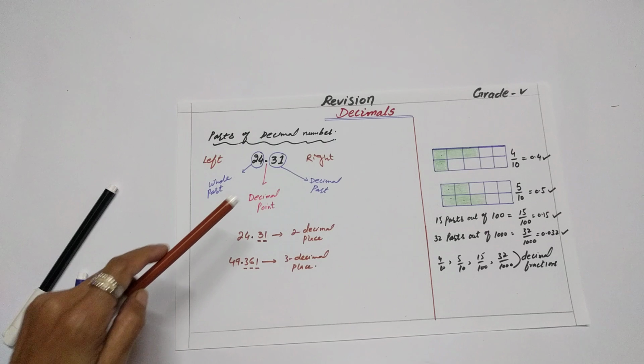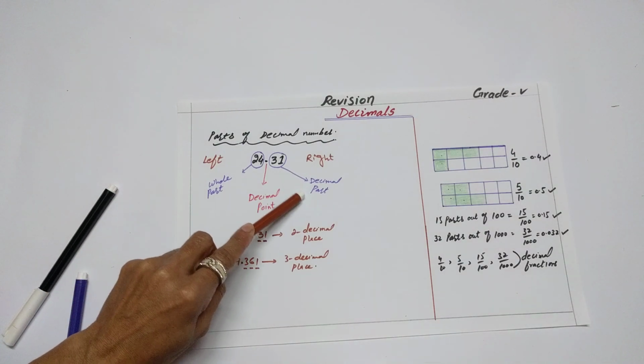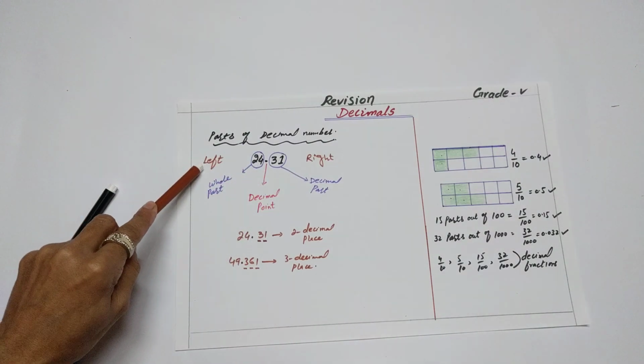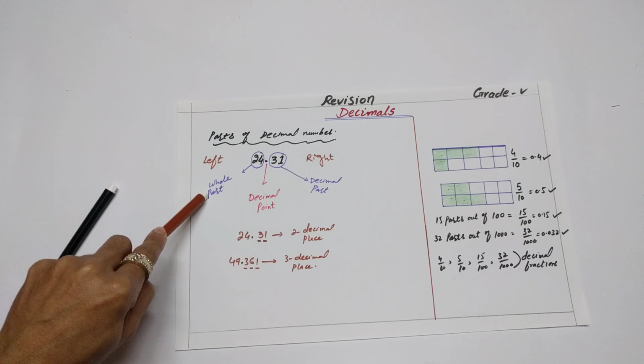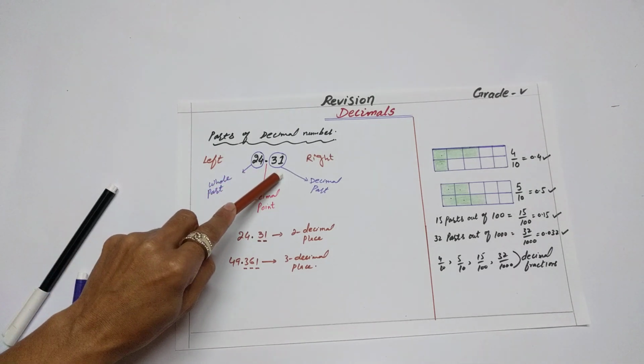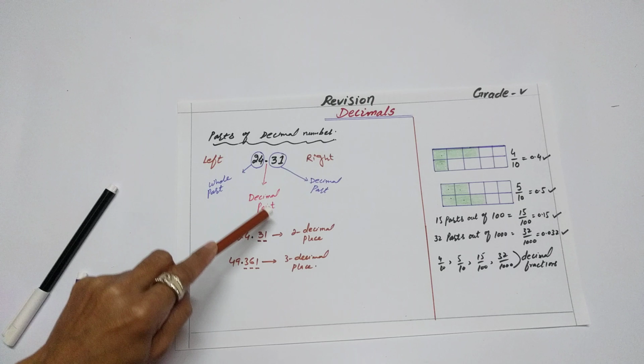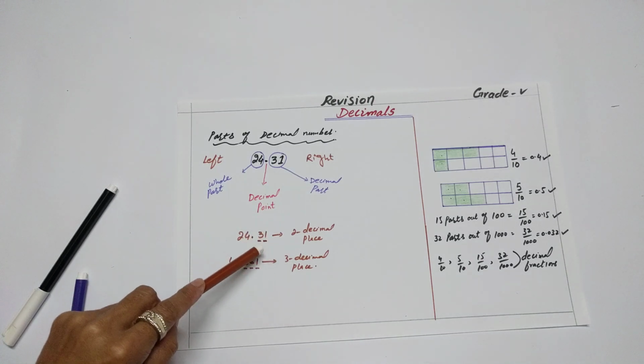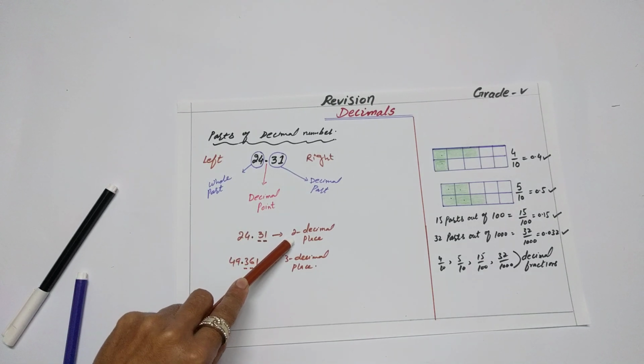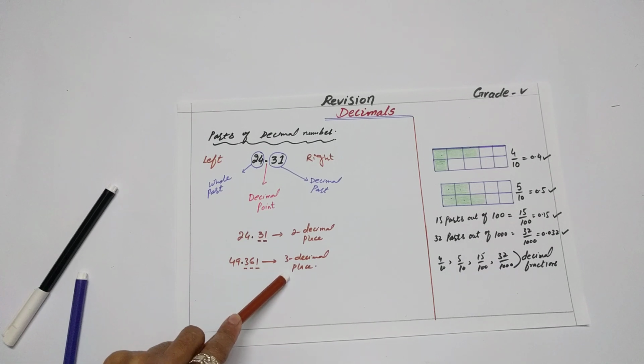The right side part is called the decimal part, and the left side of the decimal point is called the whole part or whole number. The number of the digits after the decimal point are called decimal places. If you have 2 digits, that is 2 decimal places. If you have 3 digits, that is 3 decimal places.